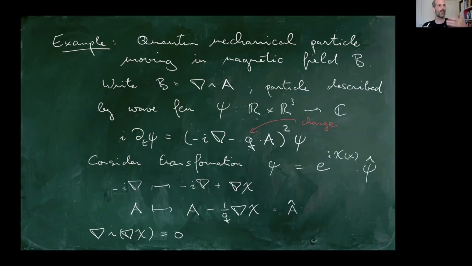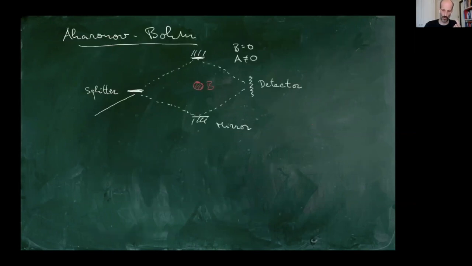But then there's the additional contribution that comes from the vector potential. And if you look at the difference between these two contributions, that corresponds precisely to the line integral of A along this trajectory here, which cannot be zero, right? Which has to be equal to the magnetic flux.